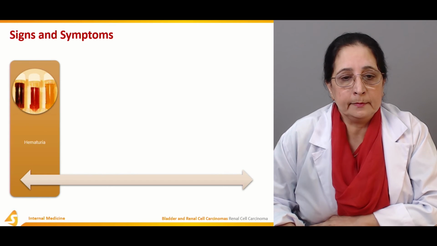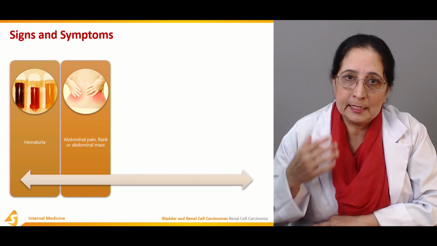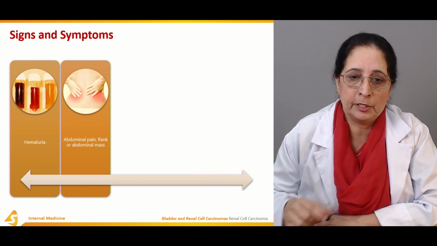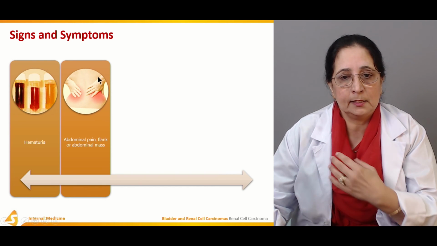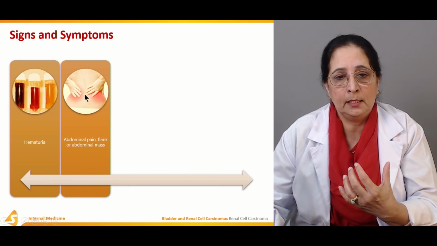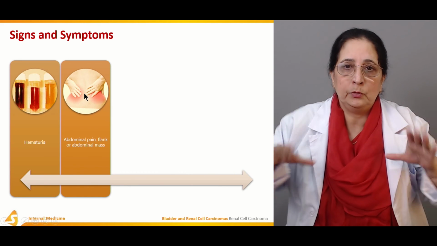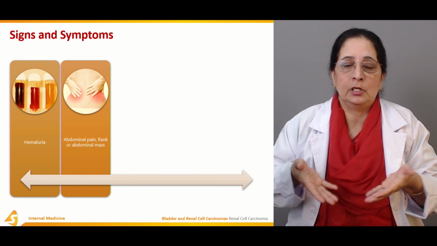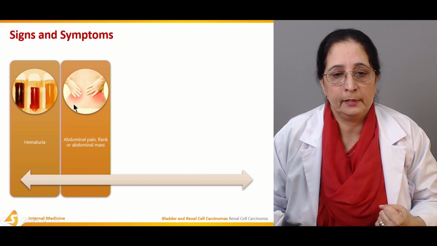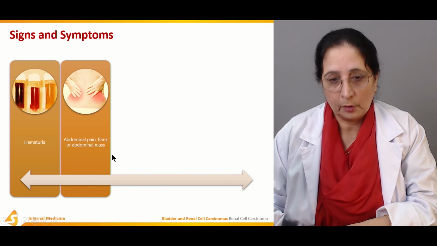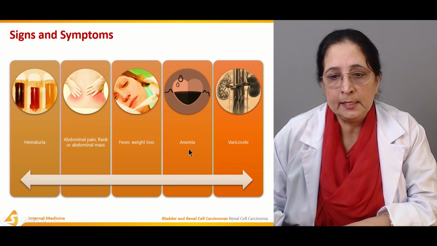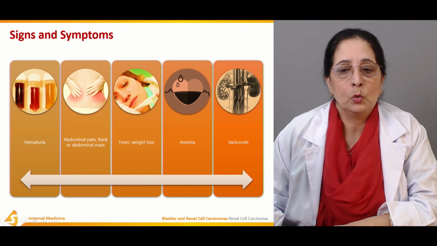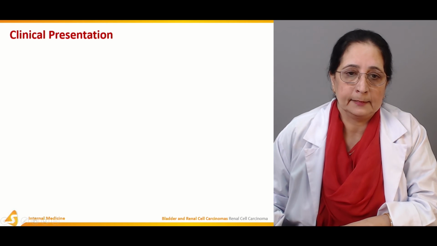Signs and symptoms are hematuria; we said marked gross hematuria. Abdominal pain: a very typical classical sign is that the patient usually tells you the pain is in the back, flank pain, or there is an abdominal mass. Fever, weight loss, anemia, and varicocele are present.